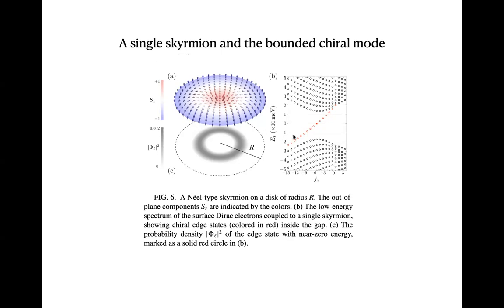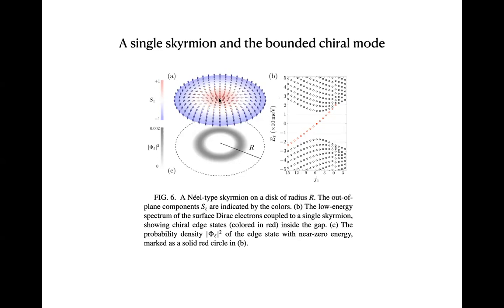One finds there also exists a chiral edge mode, but this chiral mode is bound to the skyrmion core. In the center of the skyrmion, when there is a Dirac mass, the Chern number equals 1, and on the boundary of the skyrmion, where the spin is pointed down, the Chern number equals -1.